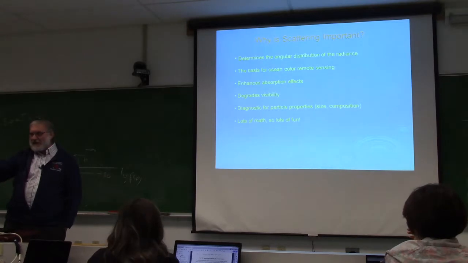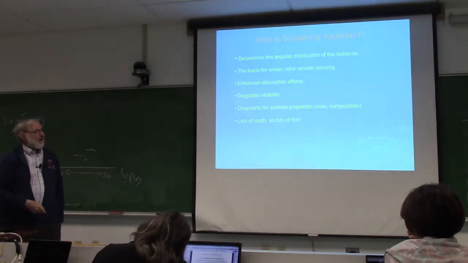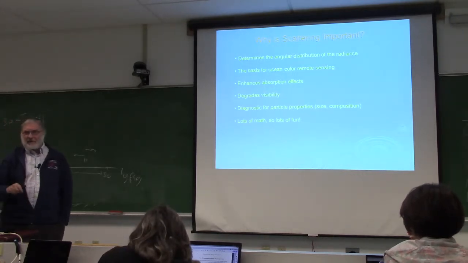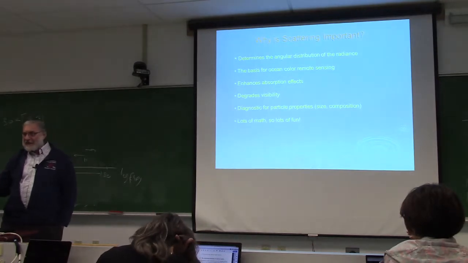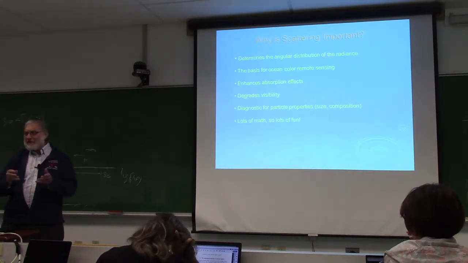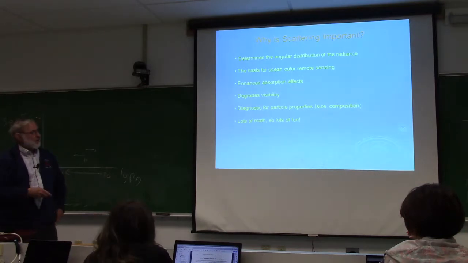It's light that got into the water, got scattered back upward, and got out, and you observed it, and so away you go. There's a saying that a little bit of absorption goes a long way if you have a lot of scattering. Well, that's this path length business. If the light's bouncing around a lot, whether it's in the ocean or in your cuvette, you're simply giving it more opportunity to be absorbed.